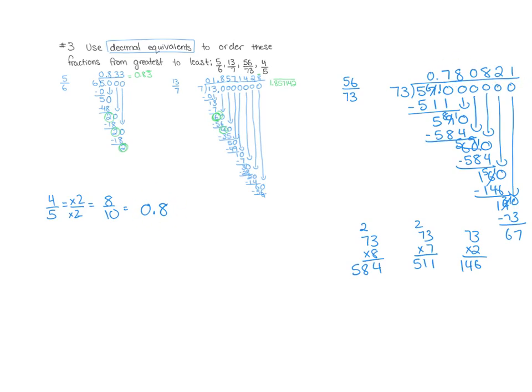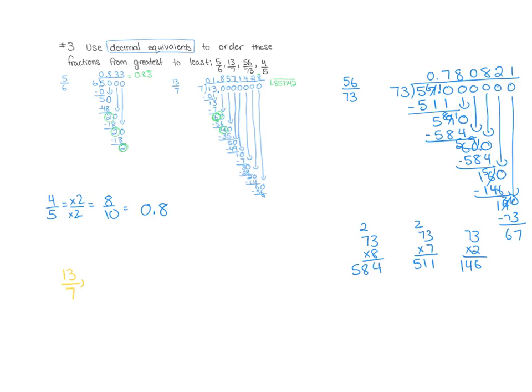So the smallest one is actually 0.78, right? Everywhere else, the smallest tenths digit is an 8. They asked me to go from greatest to least. So my biggest fraction is the one that's more than 1, 13 out of 7, right?